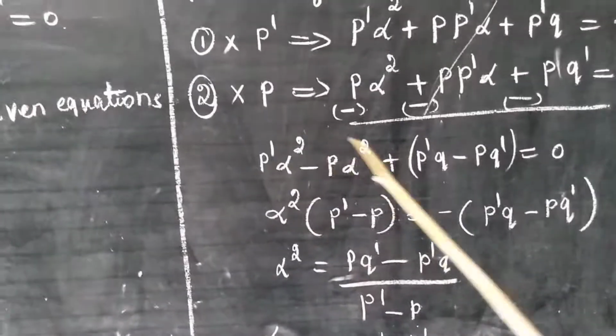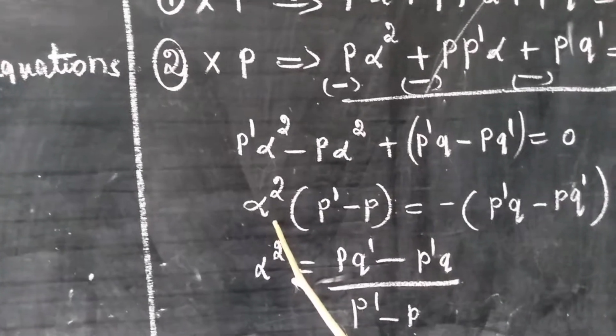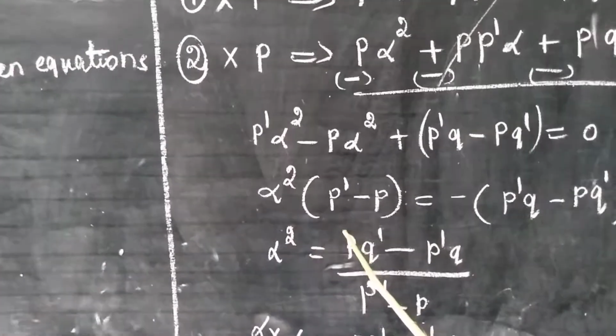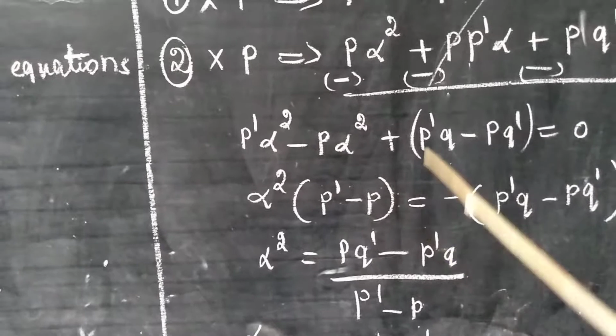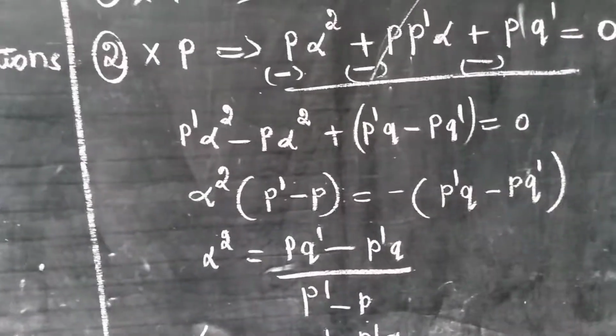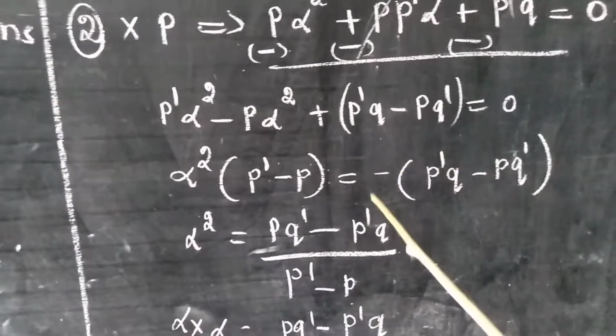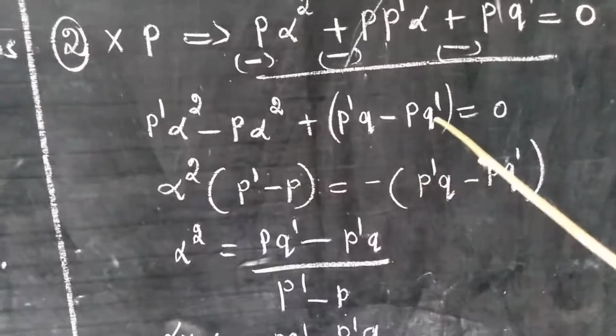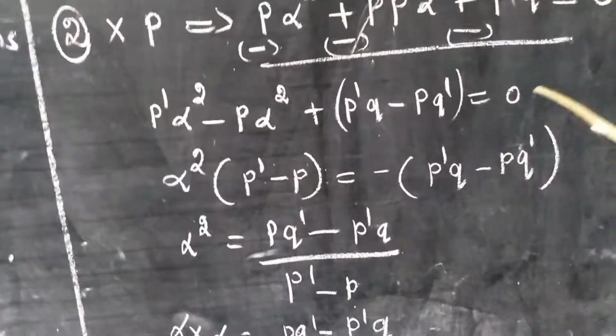For the first two terms, alpha square is common. Taking alpha square out, the remaining is (p' − p)α² = −(p'q − pq').